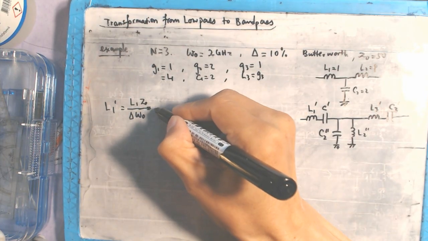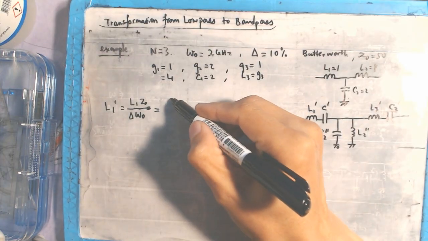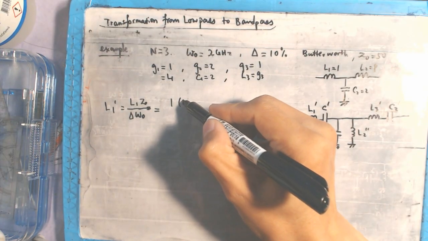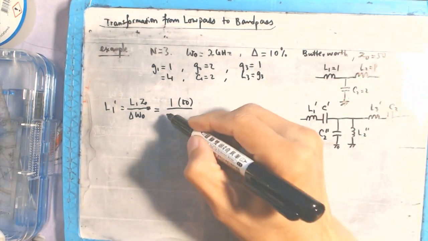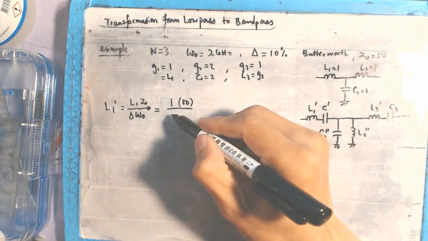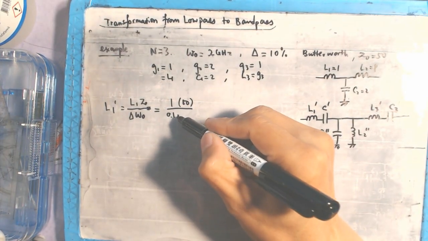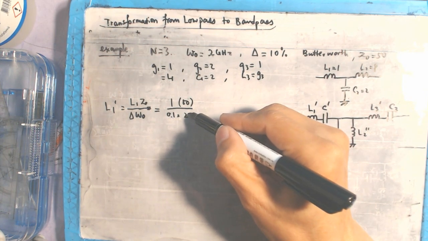So 1 and then 50 and then 10% means 0.1 and then omega naught, 2 giga, 2 pi and then 2 giga.